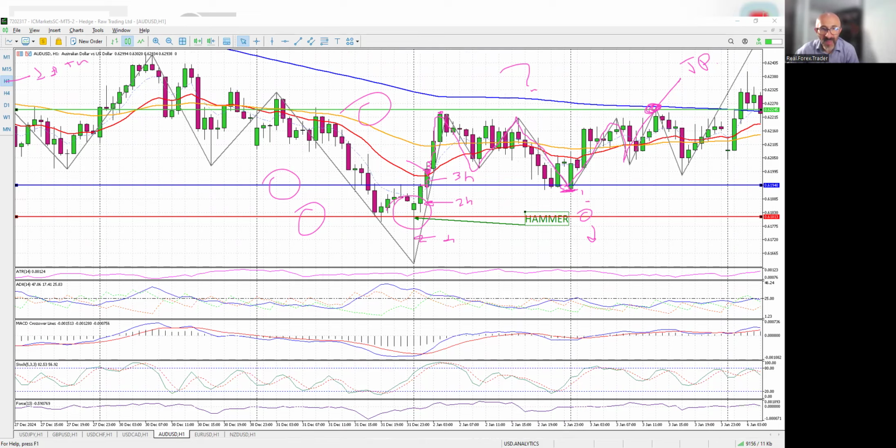This is basically the way we're going to trade the patterns. Always use stop losses, take profits, wait for confirmation signals, and be patient in order to trigger your trade.